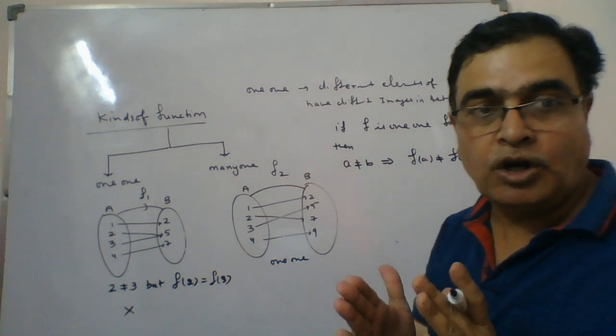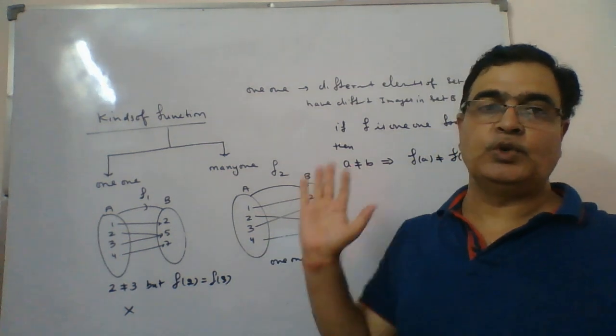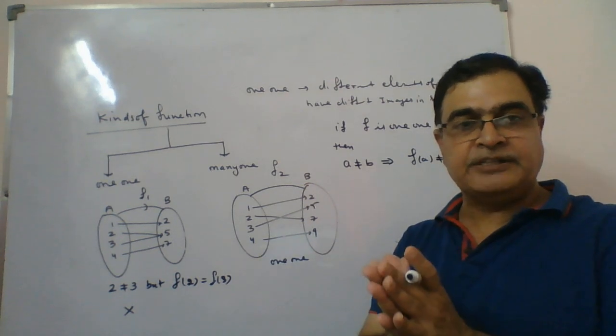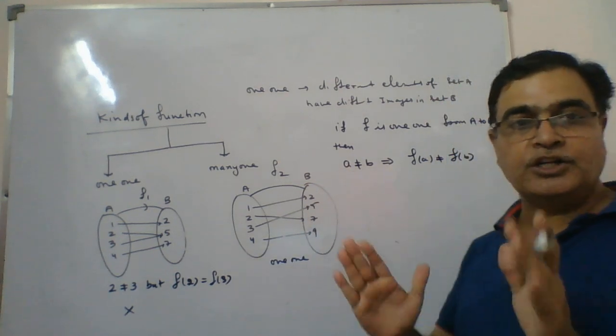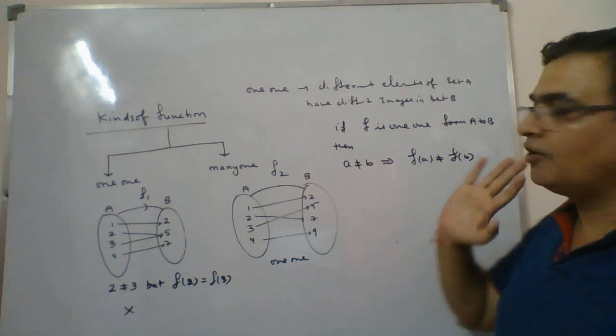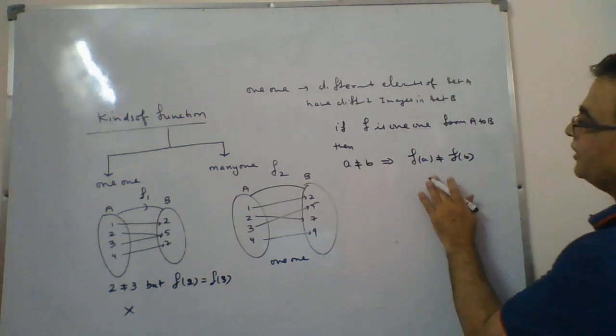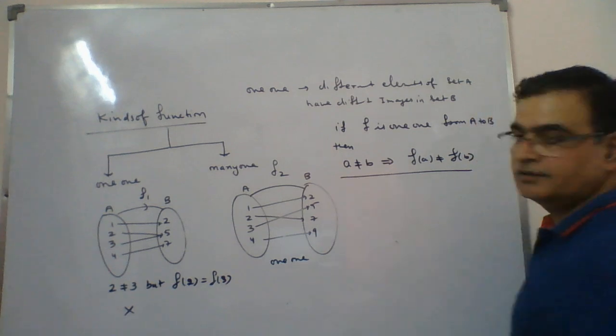If two elements are not equal, their images should not be equal. If two elements are different, a and b are not equal, and their images also come out different, we will say yes, this function is said to be one-one.